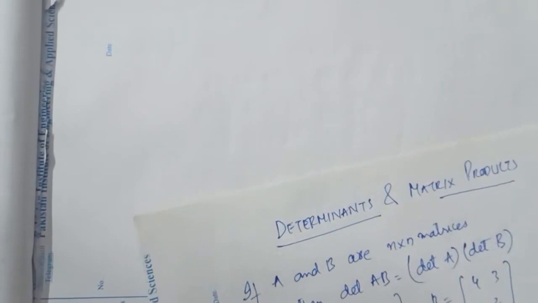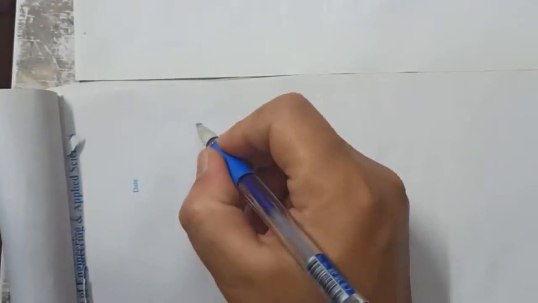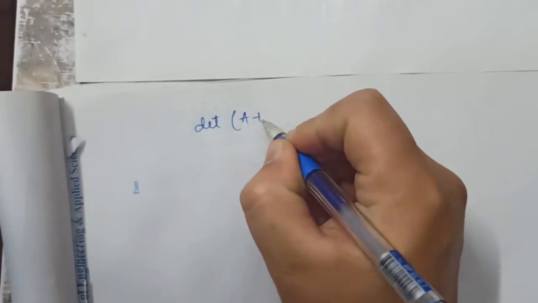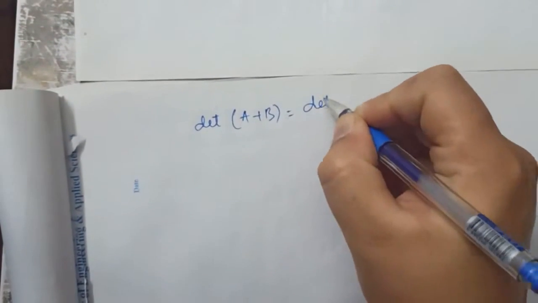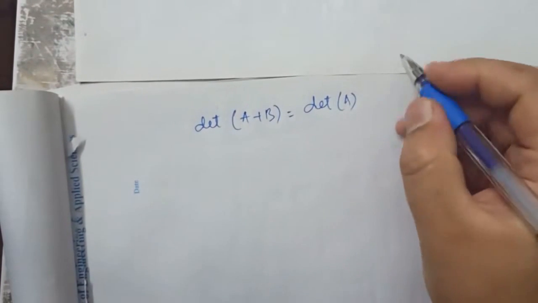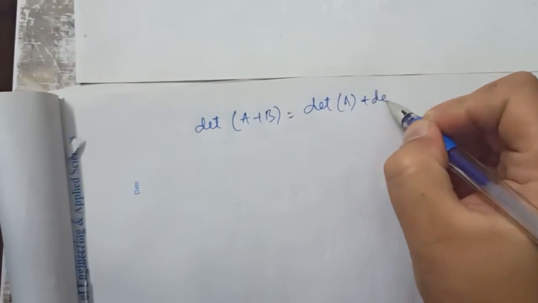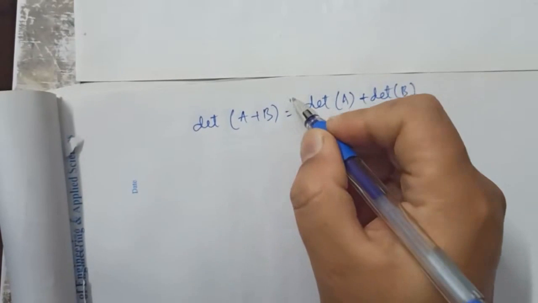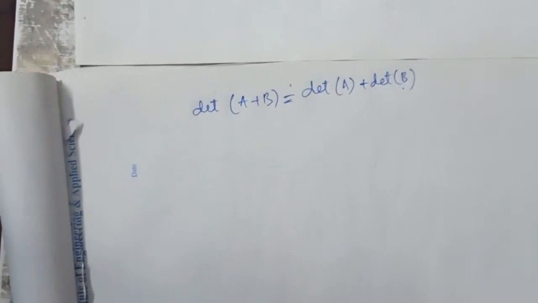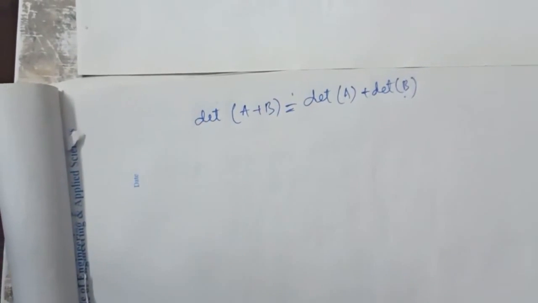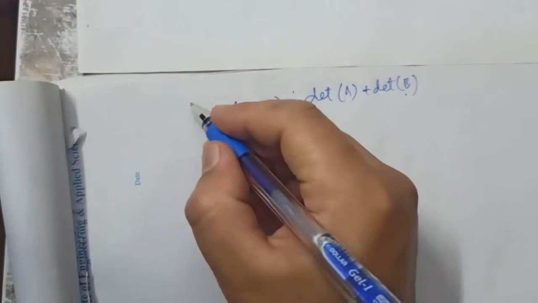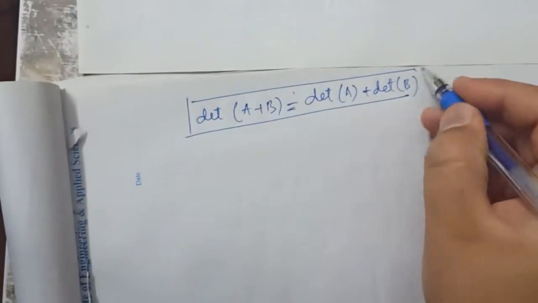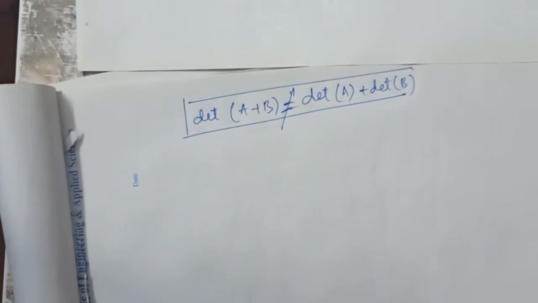Now, one thing that you have to remember is that determinant of A plus B is not equal to determinant of A plus determinant of B. Generally, it's not true.